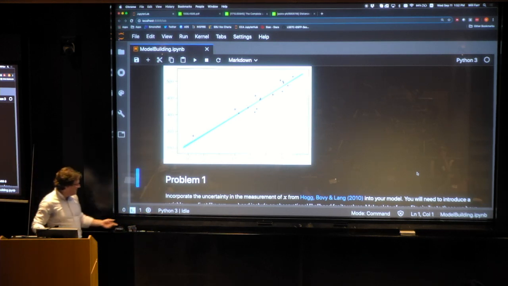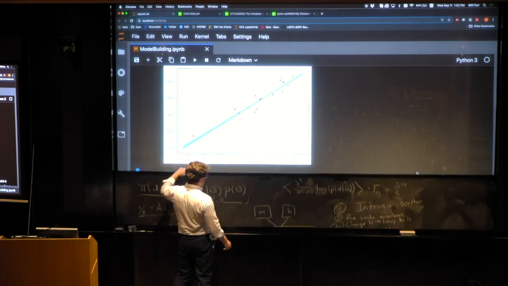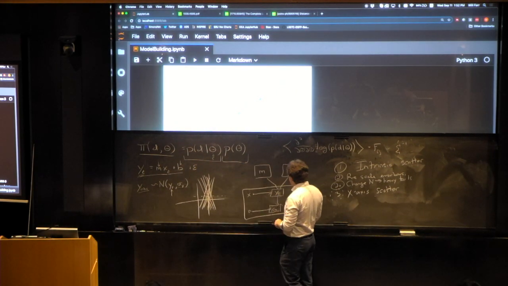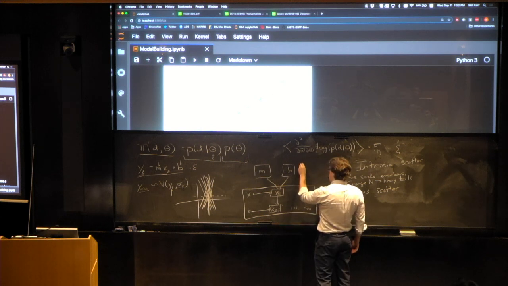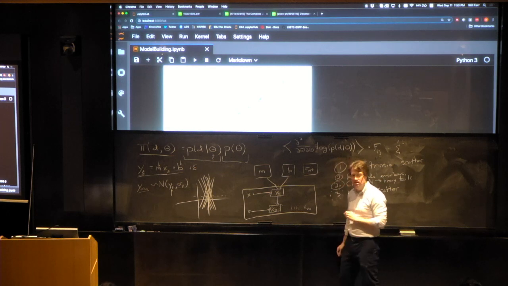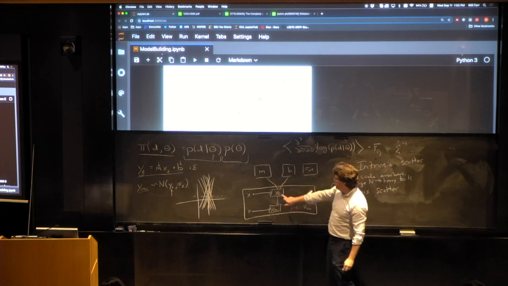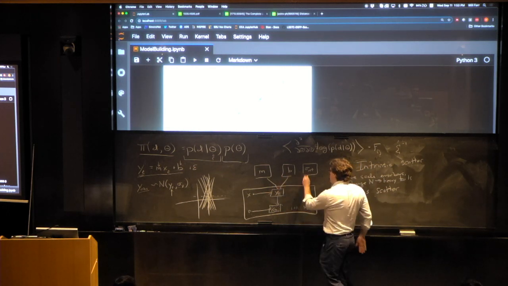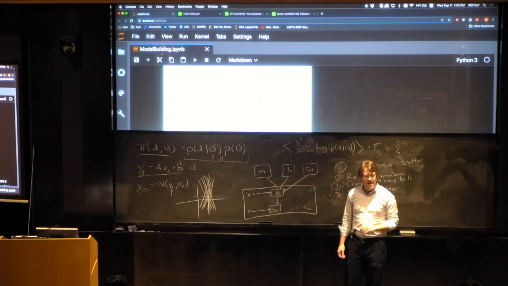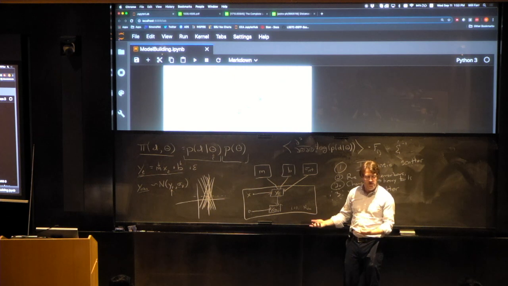Okay, let's fit the intrinsic scatter. So now in the intrinsic scatter, there's a new parameter. I don't know what y true is just from m and b. I have to account for the fact that y true doesn't follow precisely the linear relation.